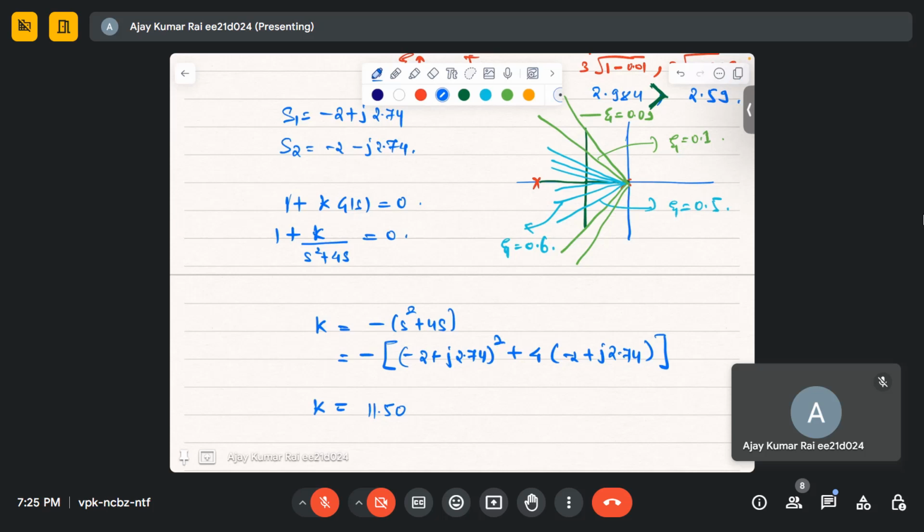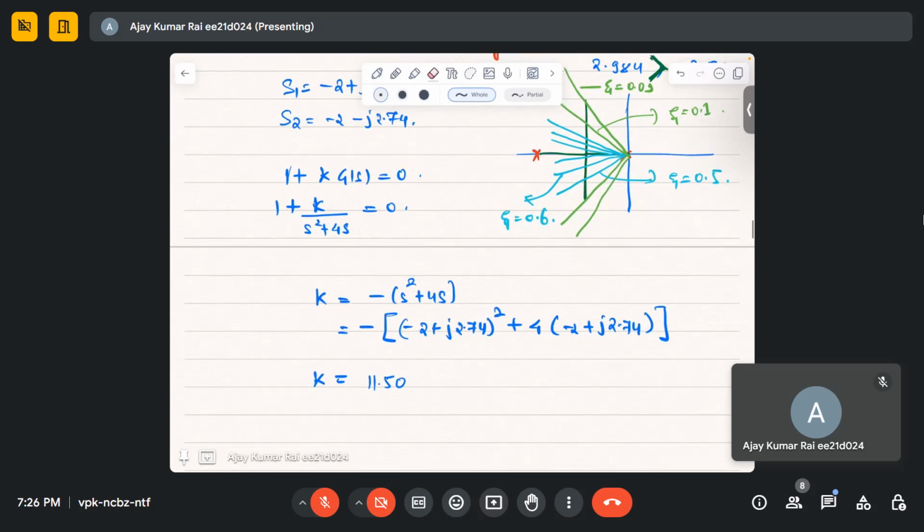We write S into S plus 4, so like that we will get it easily, sir. K is equal to minus of S square plus 4S, which is minus S into S plus 4, where we can take S common.